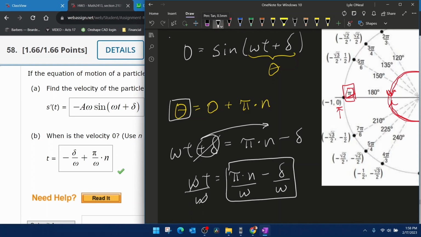You can see I have already input this over here. It doesn't look the same, but it's the same answer: negative delta over omega is this term, plus pi over omega times n. That is how you arrive at the solution to this particular problem.